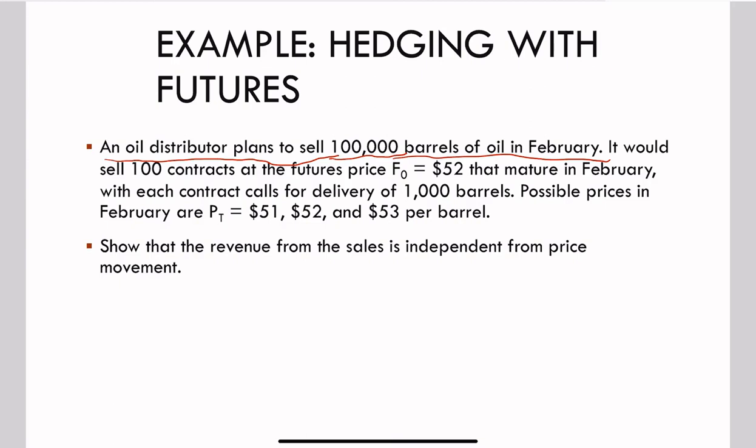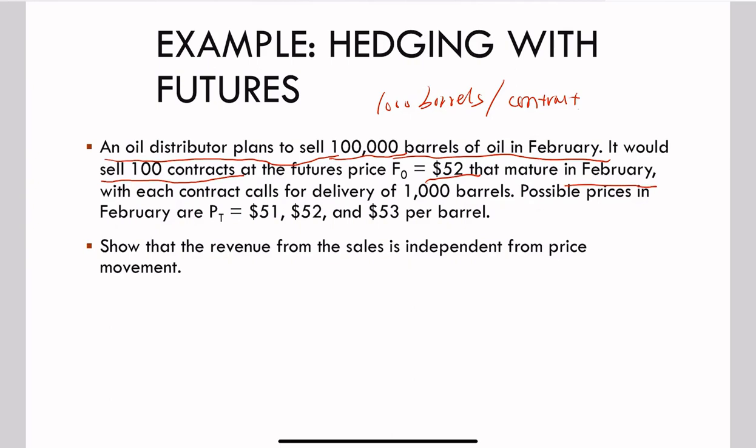To be more specific, it will sell 1,000 contracts. Of course, the contract size is 1,000 barrels per contract, at the futures price of $52, which matures in February.